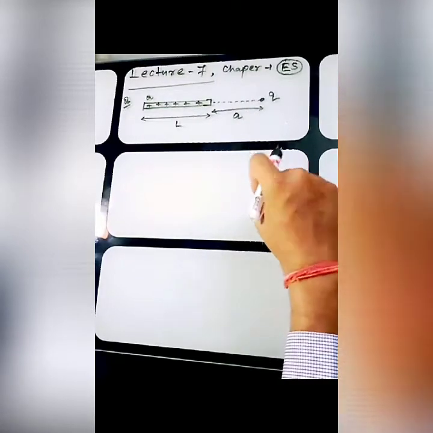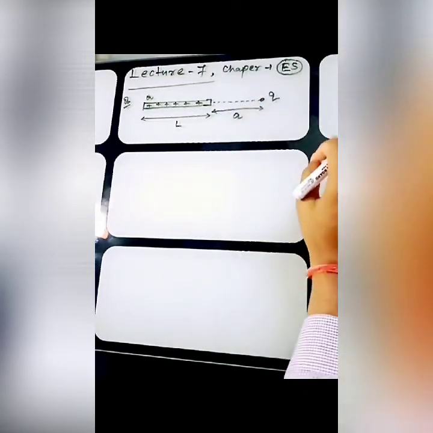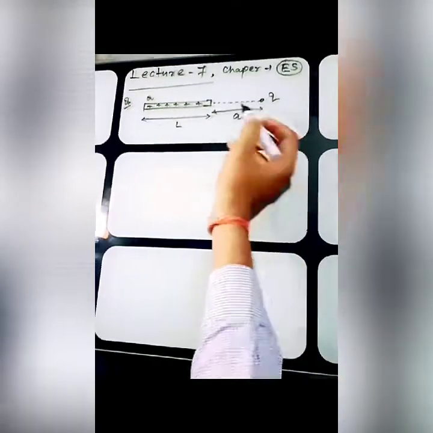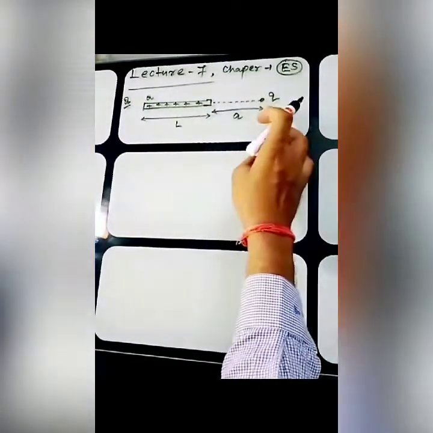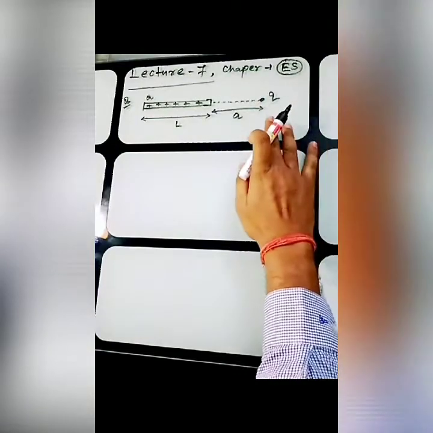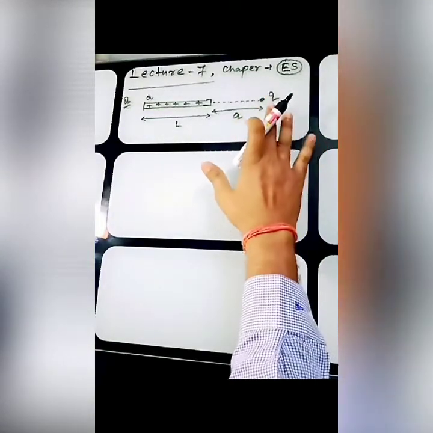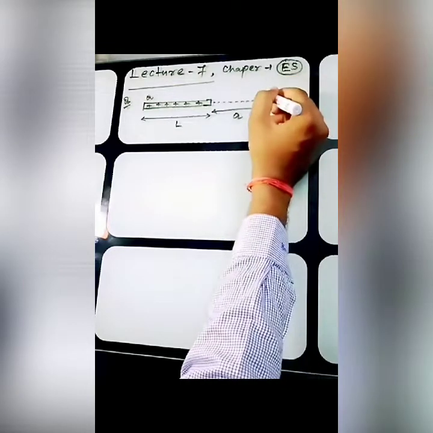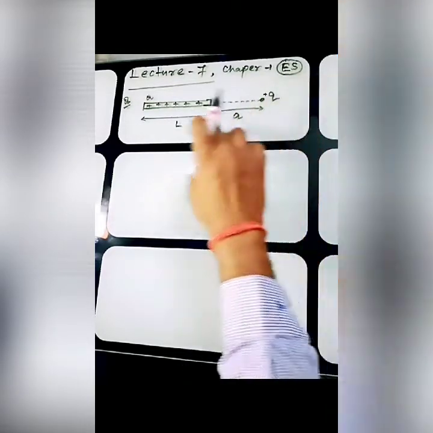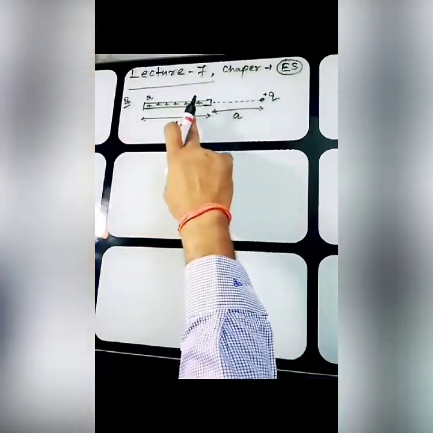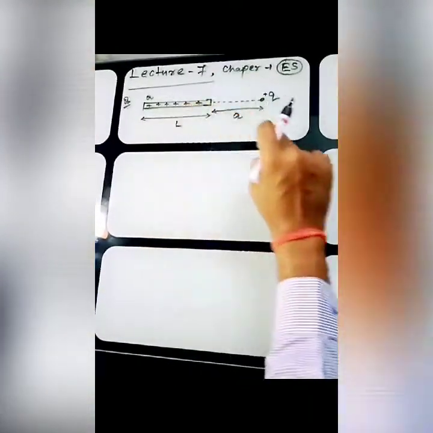Now, to find the force between this rod and this charge, we know that Coulomb's law is applicable for two point charges. Here q is a point charge, no doubt, a positive point charge, but the rod is not a point charge. The charge is uniformly distributed over the length of the rod.